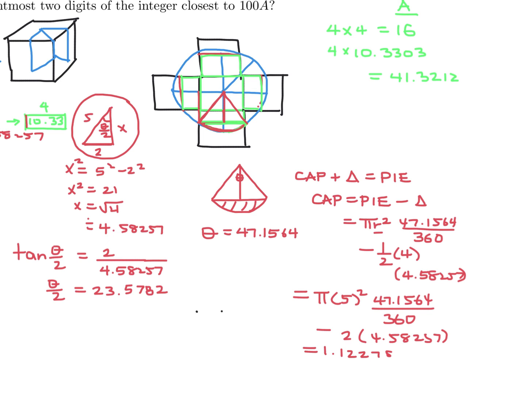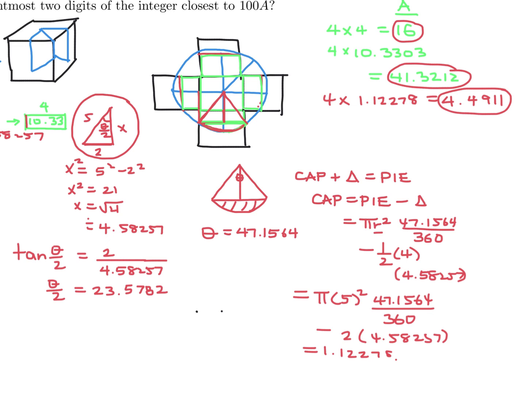Now, keep in mind that we have 4 of them, right? 4 of these caps in the diagram. So we got to multiply that by 4 then. So we got to multiply 4 times this 1.12278. And when we do, we get 4.4911.